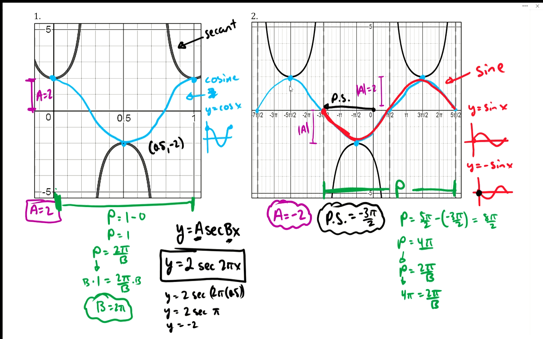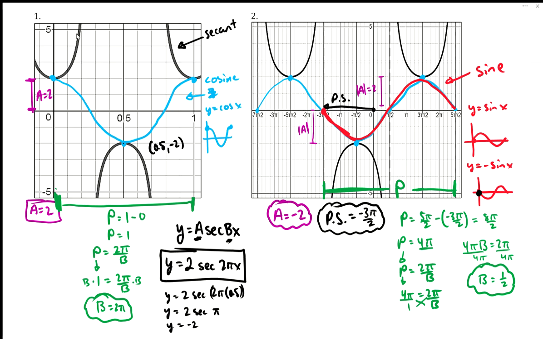Okay, and then when we cross multiply, we've got 4 pi b equals 2 pi, and then we will divide by 4 pi. So b is, the pi's cancel, 2 over 4 is 1/2. There we go.